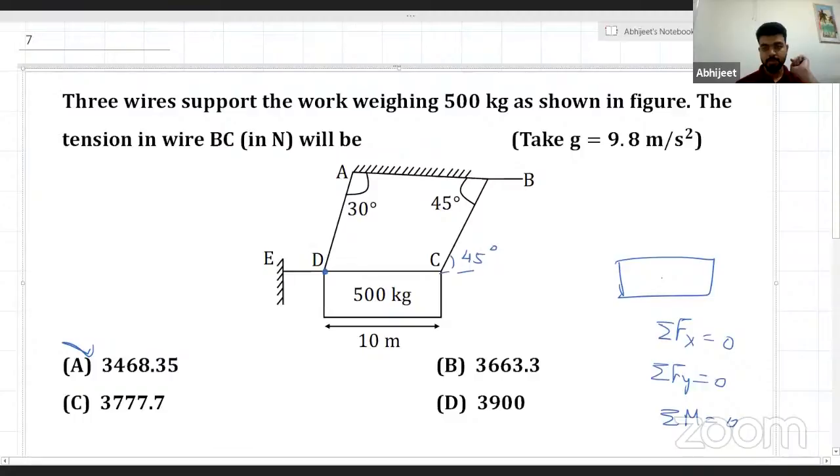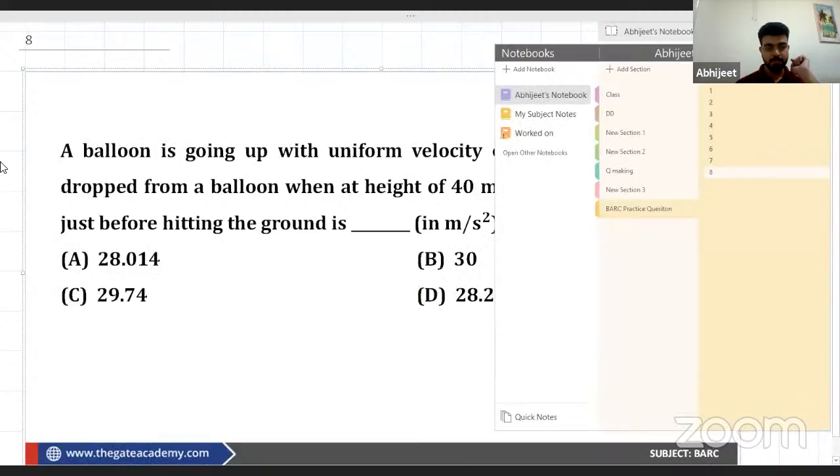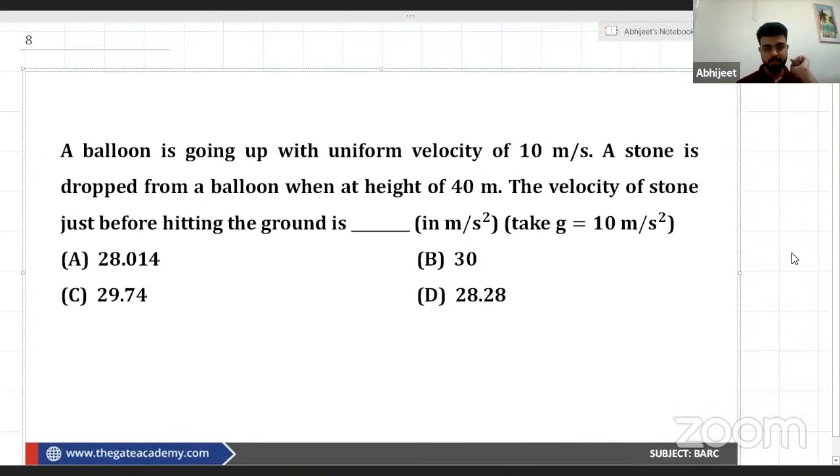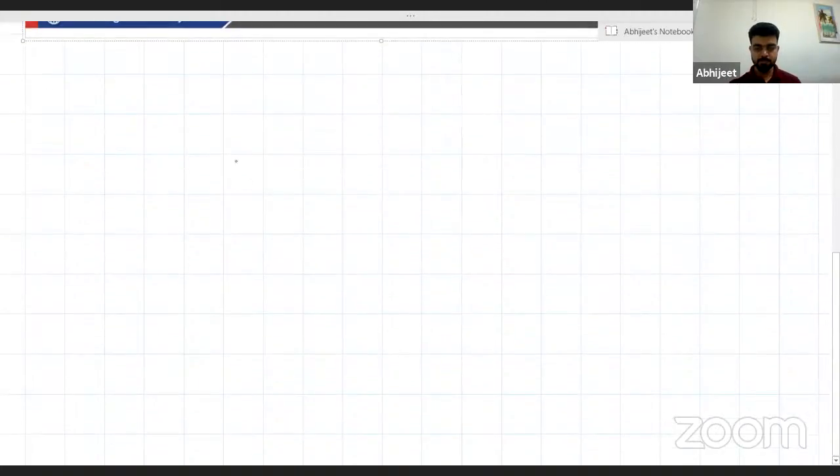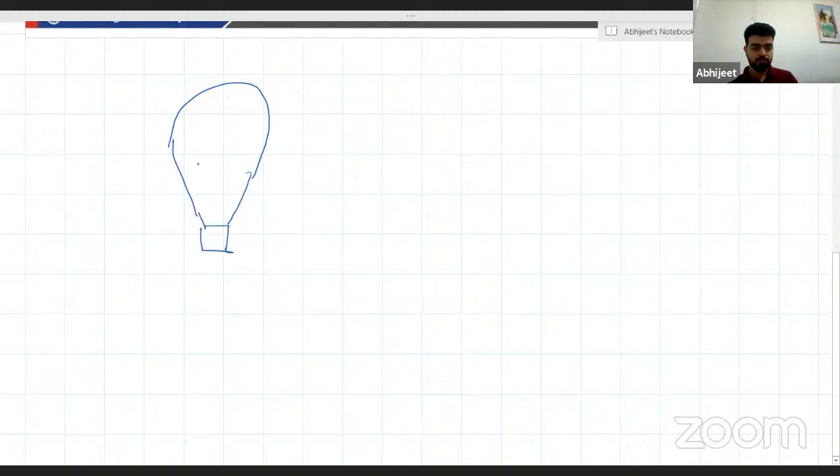Okay, so let us see one last question. Question number 8. A balloon is going up with a uniform velocity of 10 meter per second. So there is a balloon like this, and it is going up with the velocity of 10 meter per second.